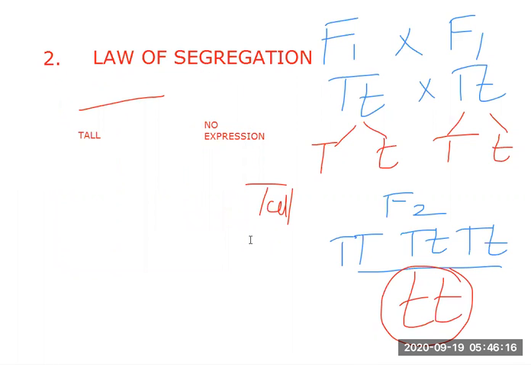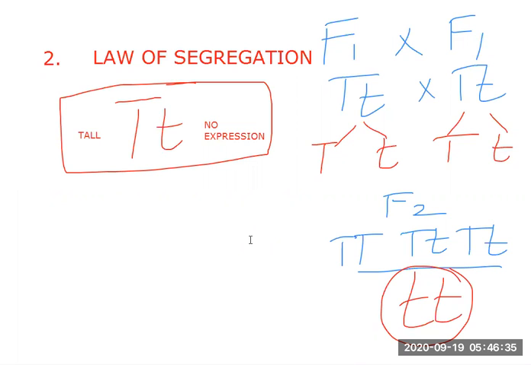In the F1 plant, the tall allele is expressed, but there is no expression of the dwarf allele. When do they express?